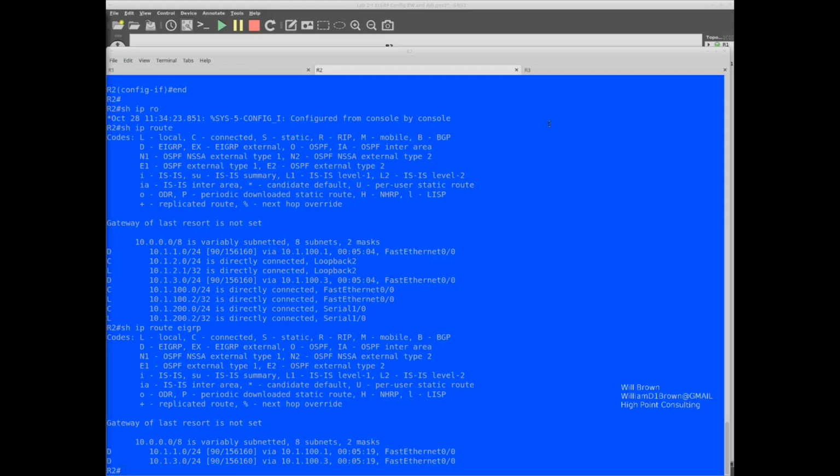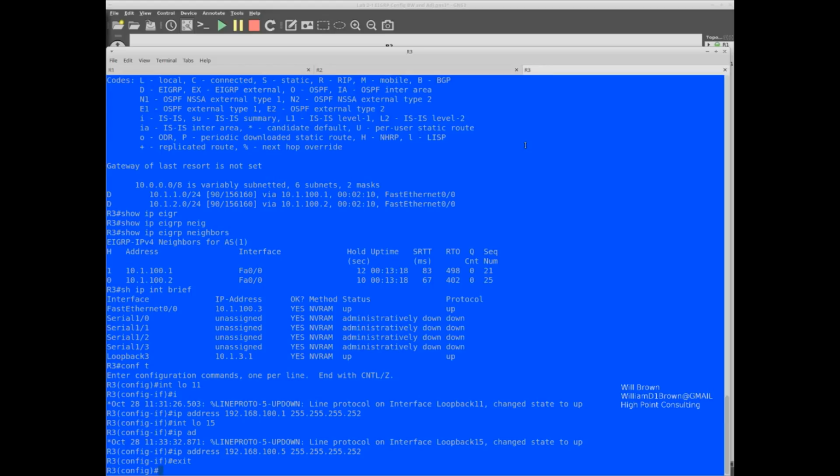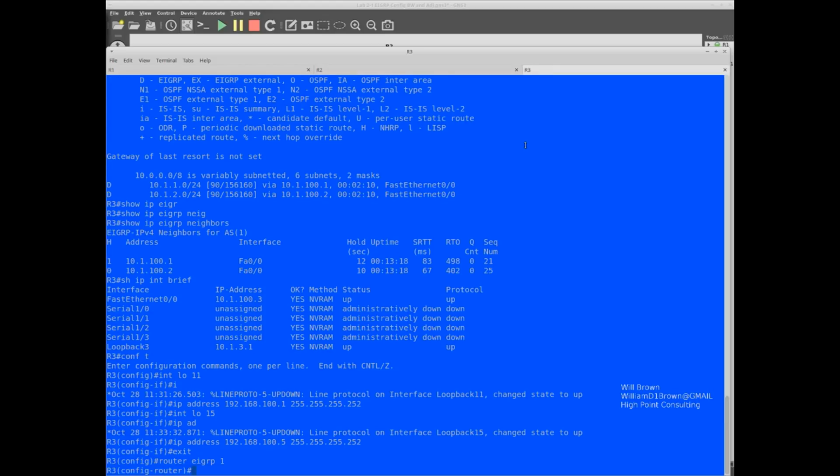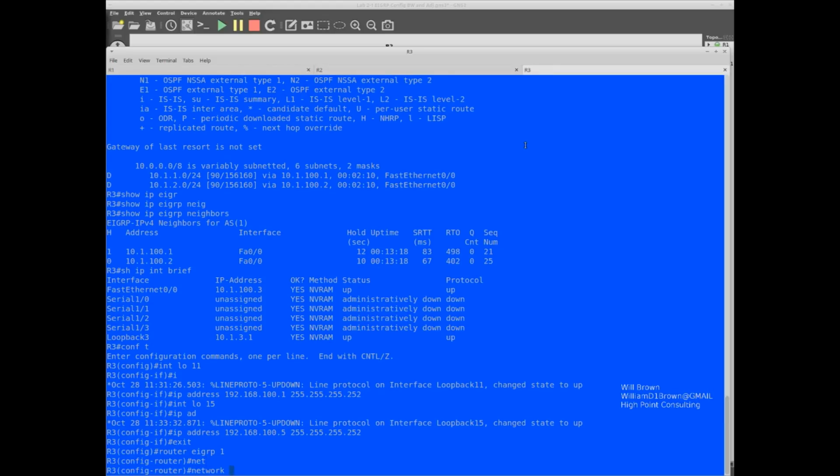So we'll go back to router 3 and say router EIGRP 1, and the network statement 192.168.100.0, and the wildcard 0.0.0.3 for that /30 mask.